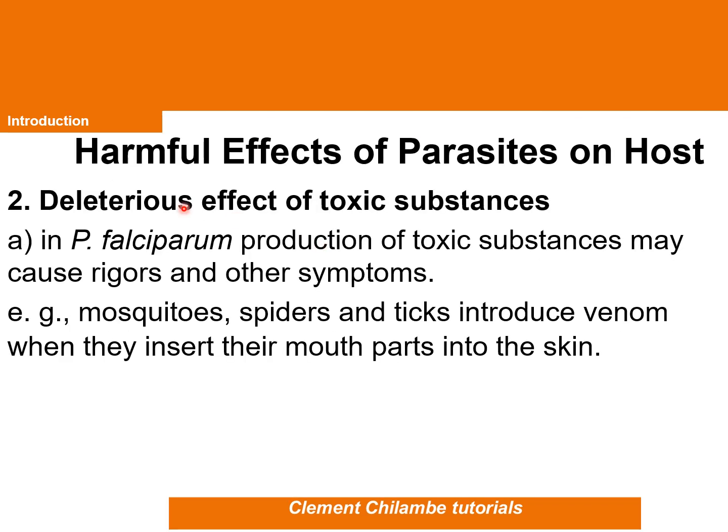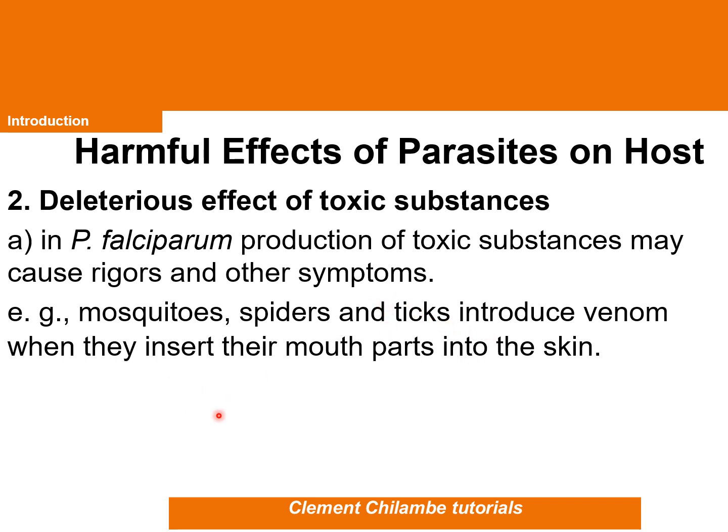And then let's talk of the deleterious effects of toxic substances. An example is the Plasmodium falciparum, production of toxic substances, which may cause what? The rigors and other symptoms. Mosquitoes, spiders, and ticks introduce venom when they insert their mouth parts into the skin.